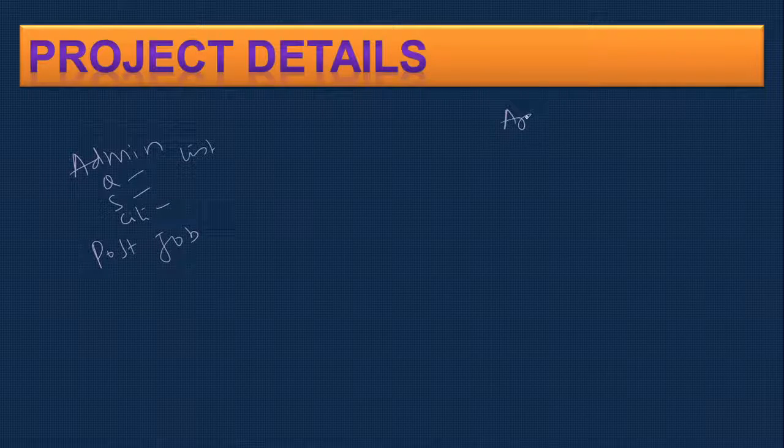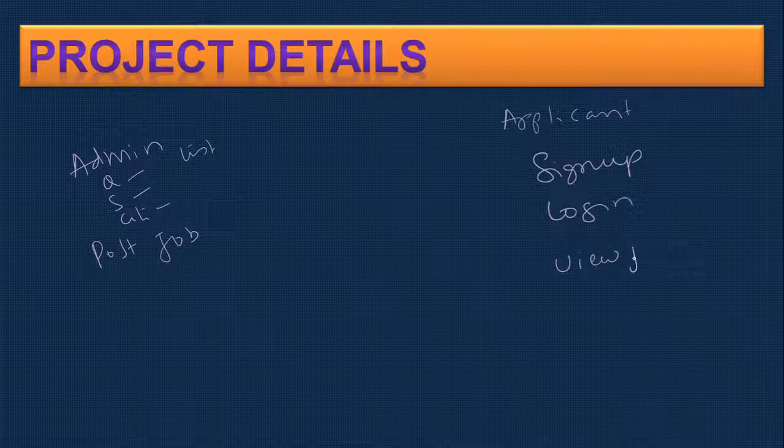Now if we take the applicant, what the applicant does is sign up to this website, then log in. He can view the jobs, what jobs are available. Then he can apply for the job.